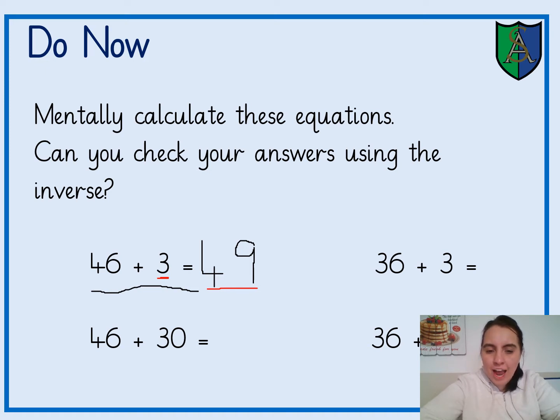So watch, I'm going to check it using the inverse. So 49 minus 3, or take away 3, is equal to 46. So by checking it using the inverse, I can see that my first answer that I calculated, 49, is correct.